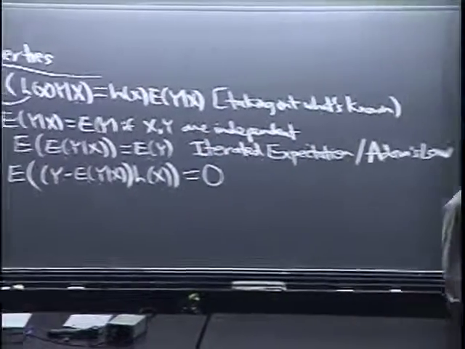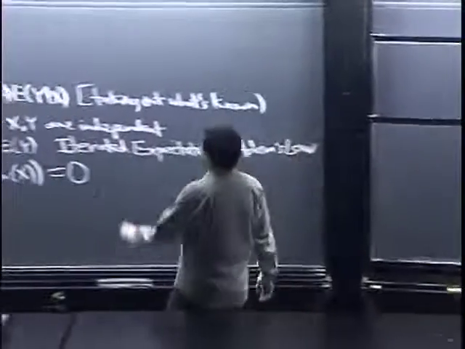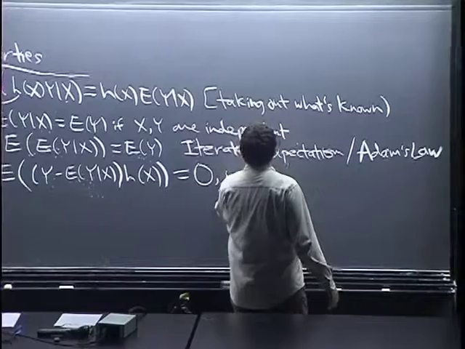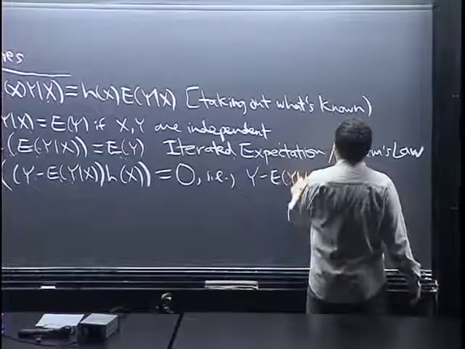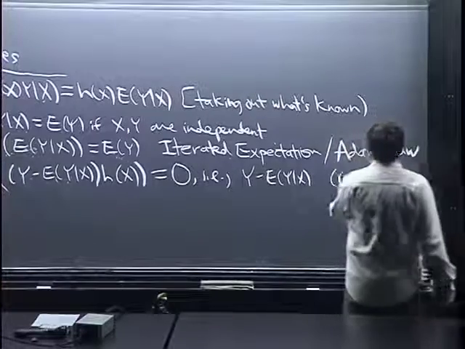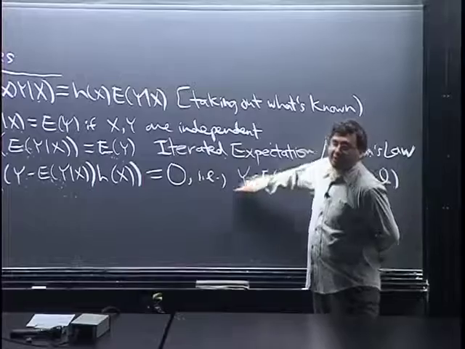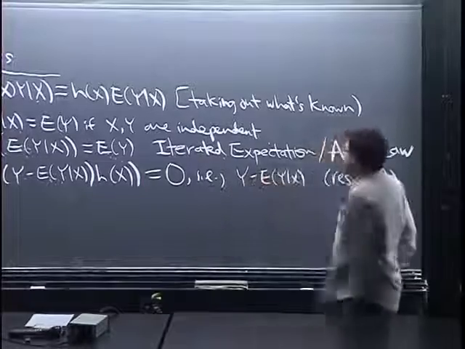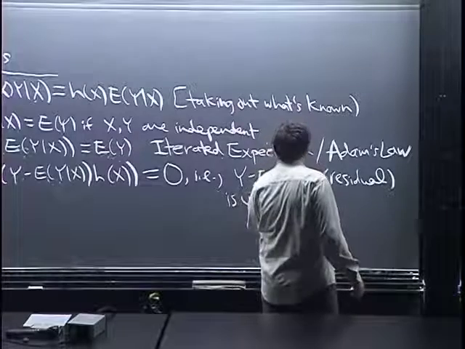H of X is any function of X. In words, this says that this thing, Y minus E of Y given X, which in statistics is called a residual, is just what's left over after you try to predict Y, and the difference is uncorrelated with any function of X.